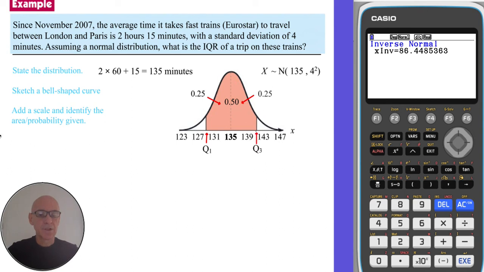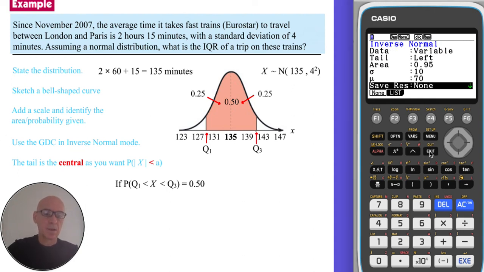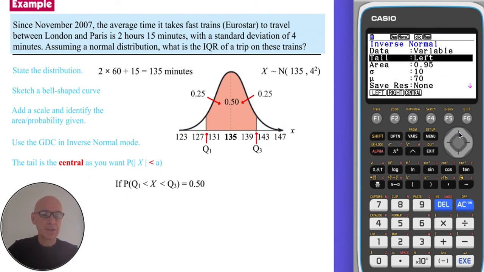So to find the interquartile range, we need to find Q1 and Q3. And since these are values of x, we need to use the inverse normal function again. This time, as the probability given is a central 50%, we need to set the tail to central. So on the calculator, press exit, scroll up, make sure data is set to variable, and press F3 for central.